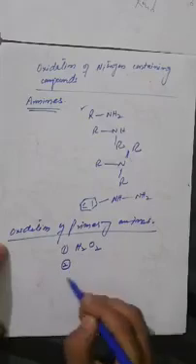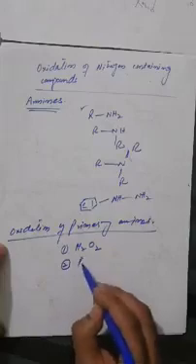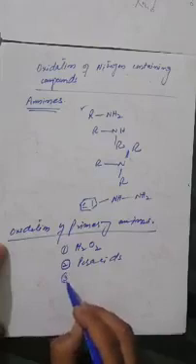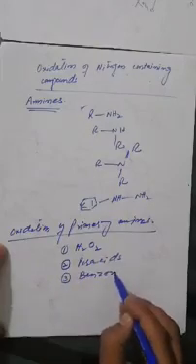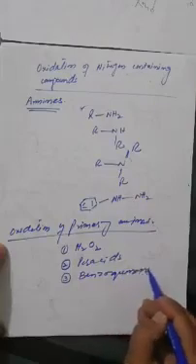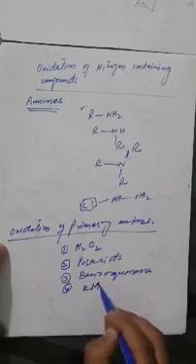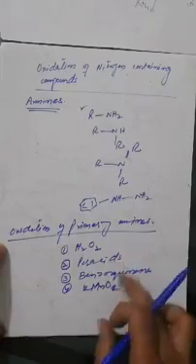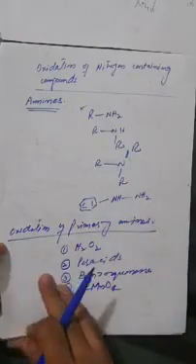Second one is the peracids. The third one is the benzoquinone type oxidizing agent, and the number four is potassium permanganate. So these four oxidizing agents are used for the oxidations of the primary amines.